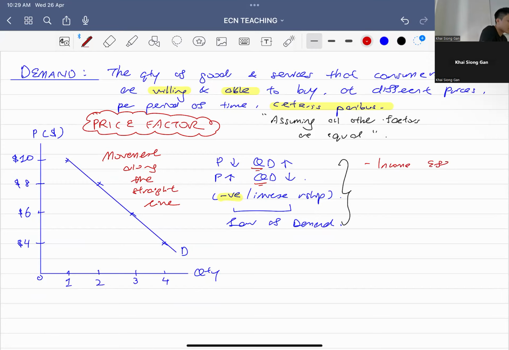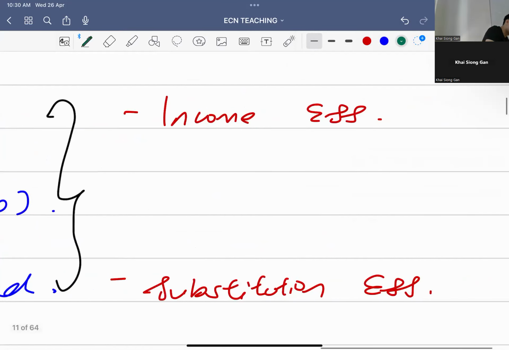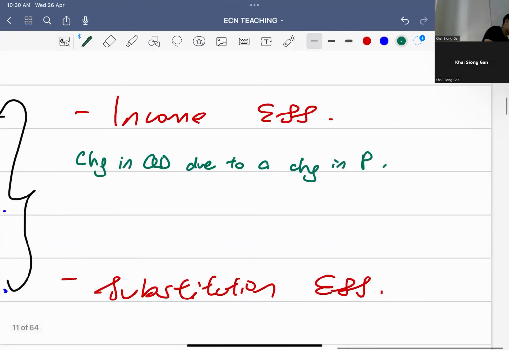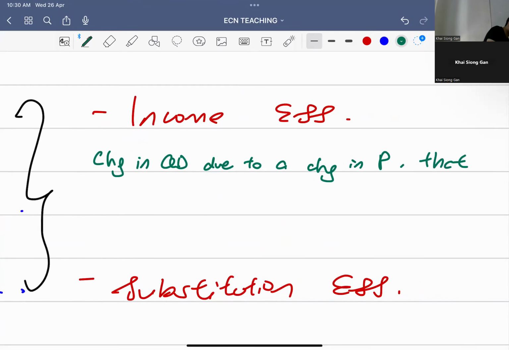I'm just using the effect to explain what the law of demand is. Not factor, I repeat, or else you might get confused later on. So what is income effect? Let me explain to you what income effect is first. Income effect means a change in quantity demanded due to a change in price that affects the purchasing power.